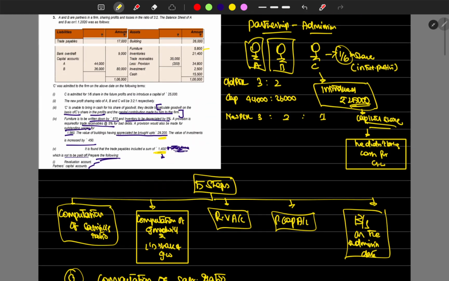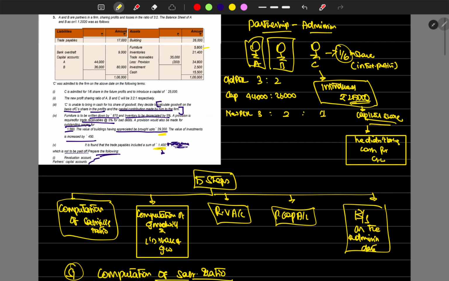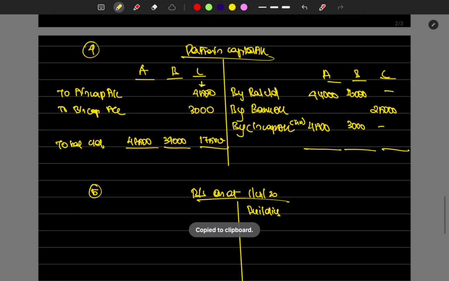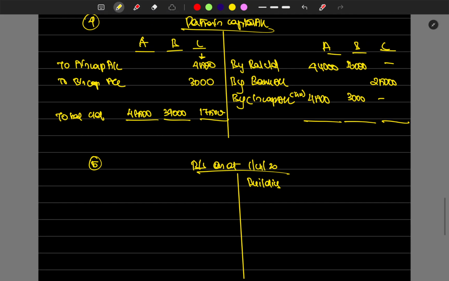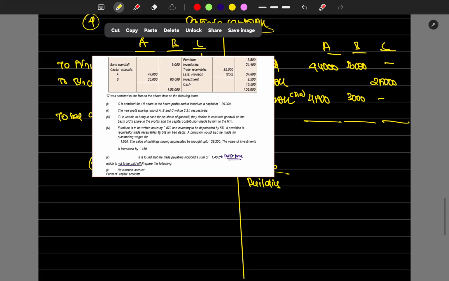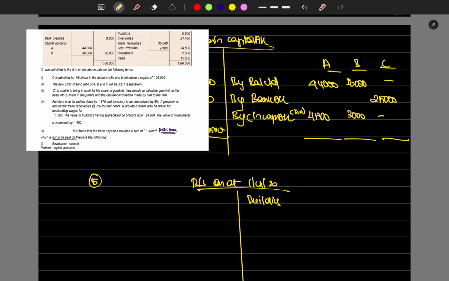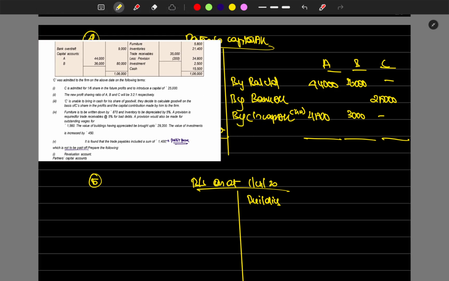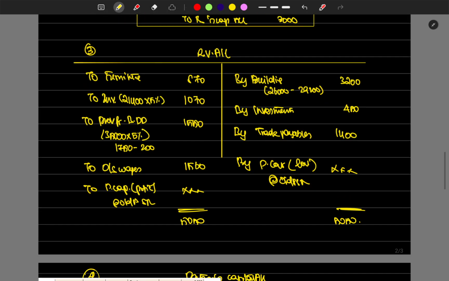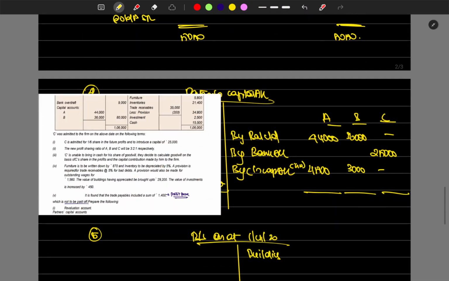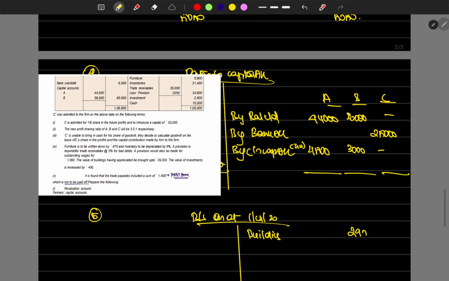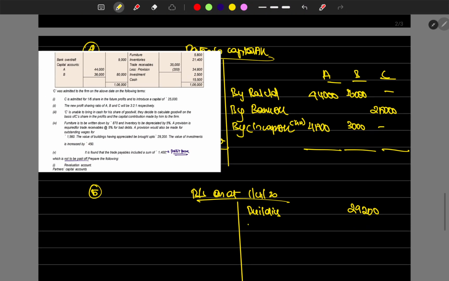Let's copy and paste this picture in this area. Okay, building is appreciated to 29,200. Then what's the furniture value?